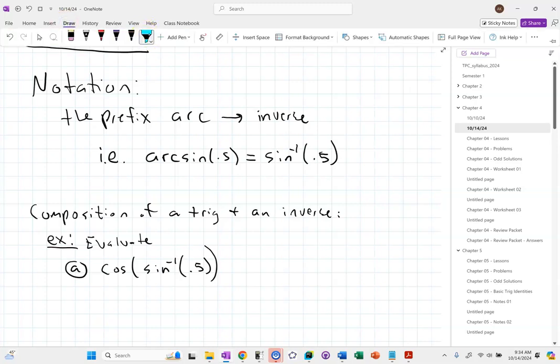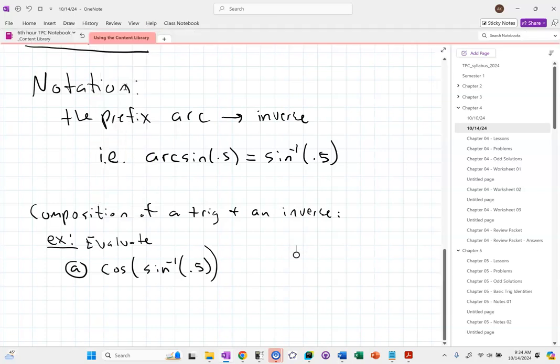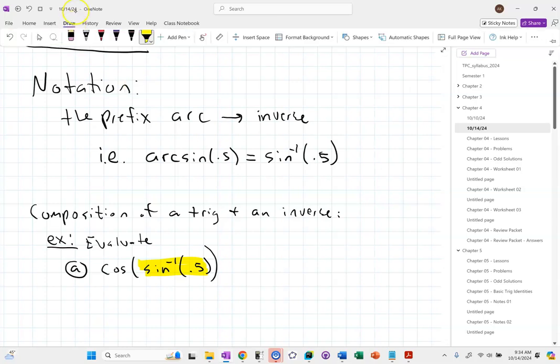When we're doing these kinds of problems, we're always going to work from the inside out. So the first thing I want to deal with is the sine inverse of 0.5. Now notice that we didn't give you any interval over where to find sine inverse of 0.5 like we did in the other worksheets.